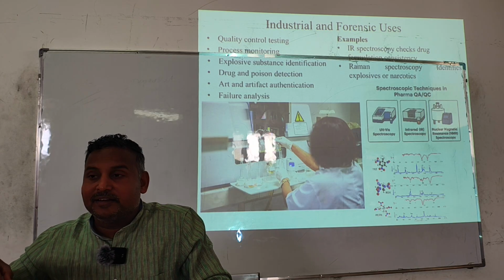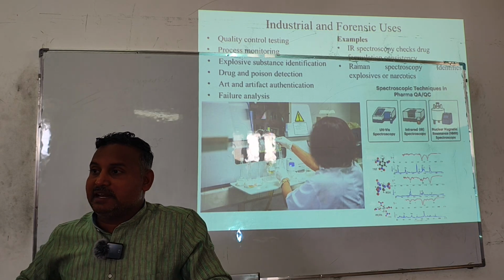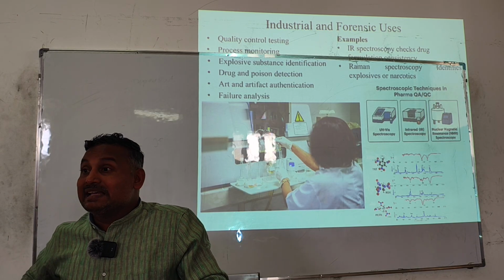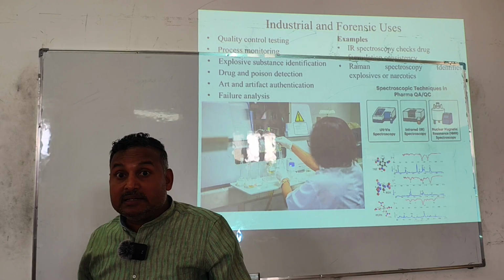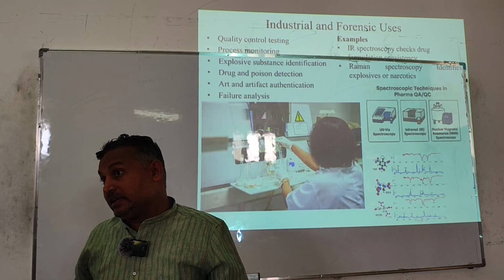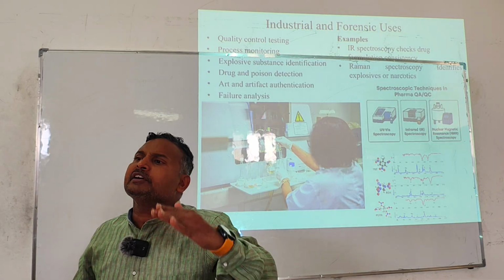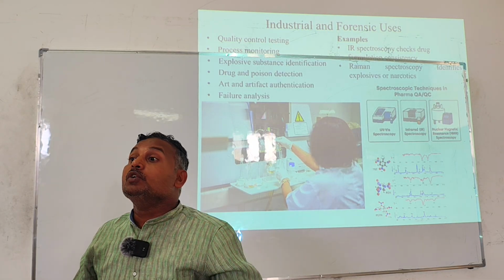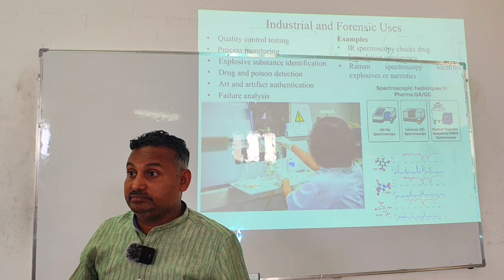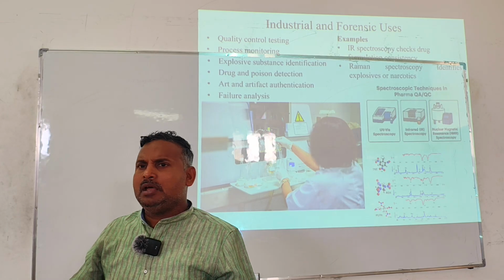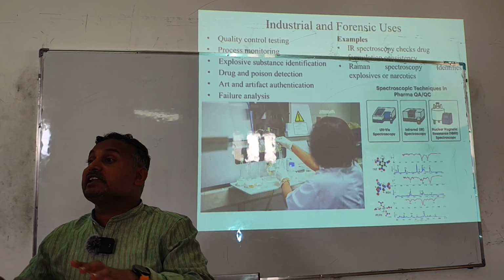Hair sample analysis, blood sample analysis, gun residue analysis, gunpowder analysis. Okay? So like that, there are different analyses associated with forensic investigation. That's why in every country we have forensic labs.